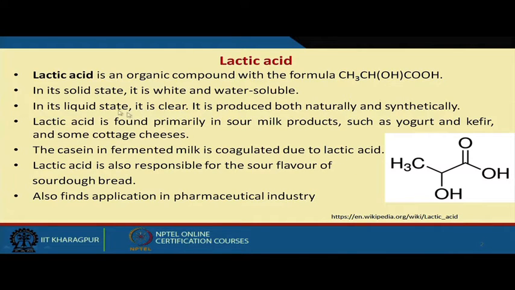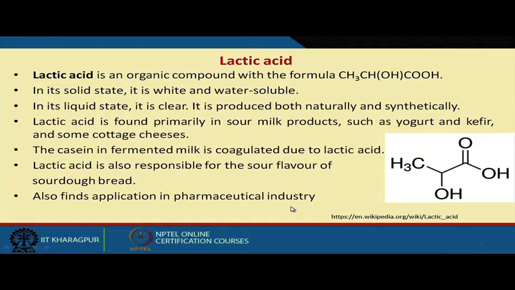And lactic acid is found primarily in sour milk, such as yogurt, kefir, and some cottage cheese. The casein in fermented milk is coagulated due to lactic acid, and lactic acid also is responsible for the flavor of sourdough bread. It also finds application in the pharmaceutical industry.